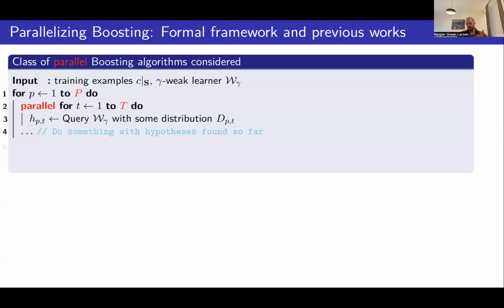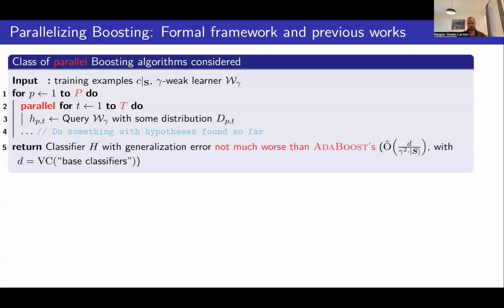Now, in general, such a boosting algorithm then does something with these hypotheses that it has found. And at the end of these P rounds of training, you have to output a classifier whose, say, generalization error is around the same as AdaBoost. You want the same quality of predictions as what AdaBoost would give you with the same amount of training data.